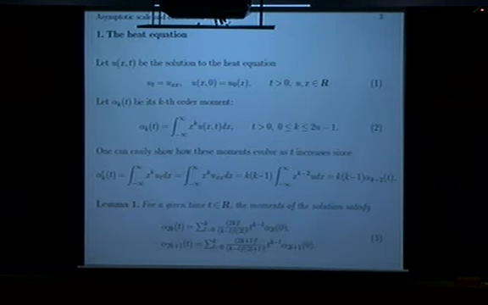So the kth order moment is given by its initial one and the lower order moments. If you sum them up, you can easily compute this relation. So at any time t, you can compute the kth order or any order moment using this relation.